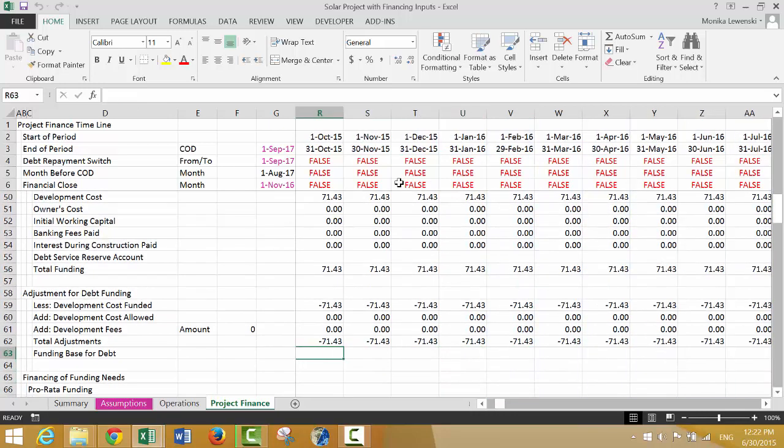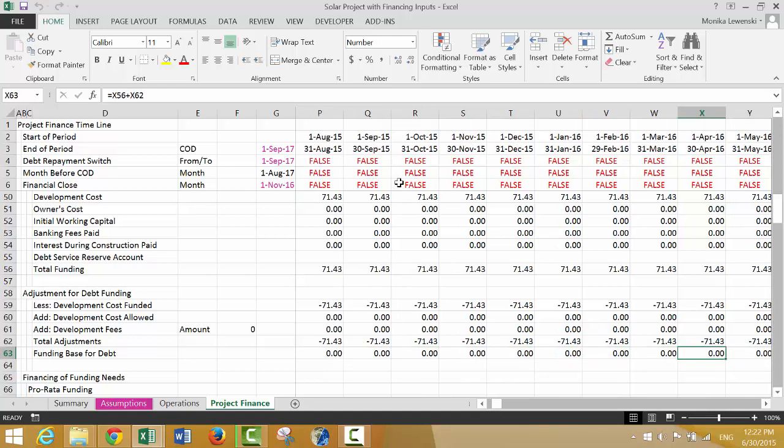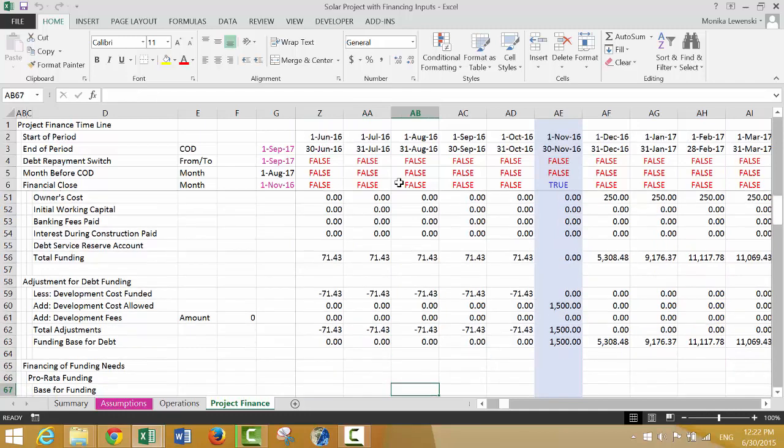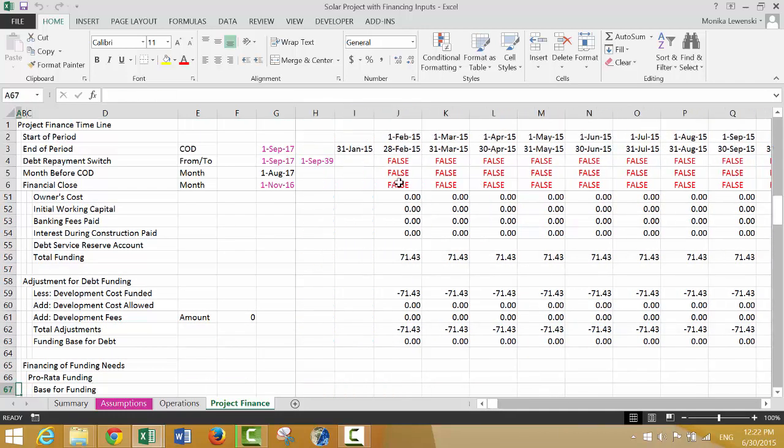So now our funding base for the debt is just this plus this one, okay? So that's how much we're going to be funding. Now, the base for the funding is this one.